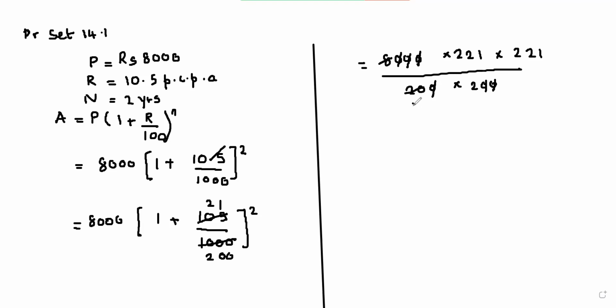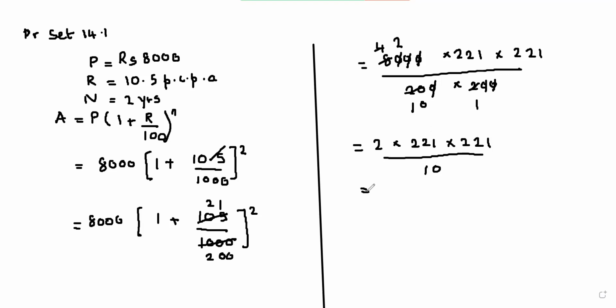So 2 fours are 8, 2 tens are 20, 2 ones are 2. I try to keep the 2 down, right? So I have to multiply 2 into 221 into 221 upon 10.